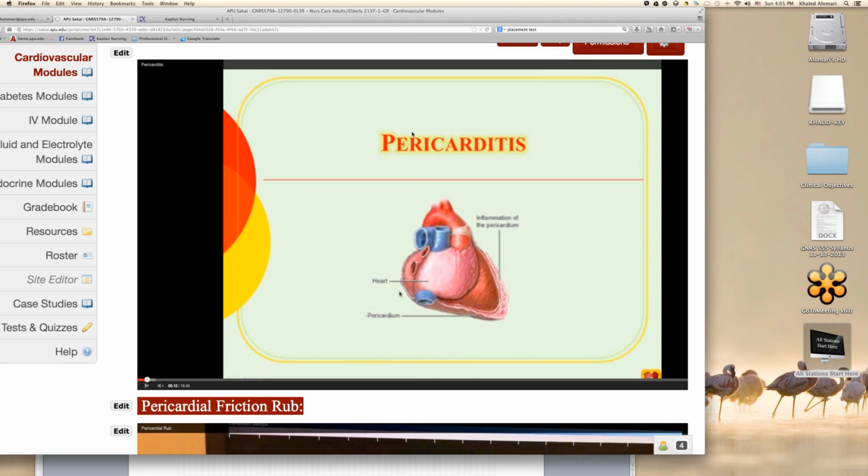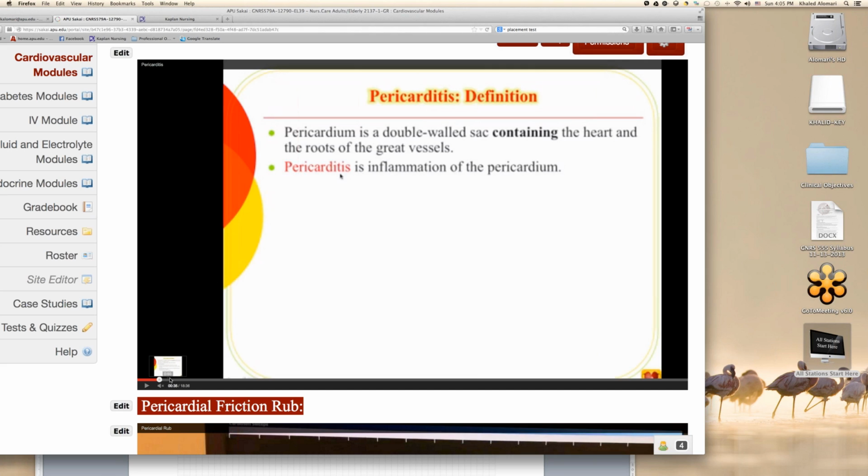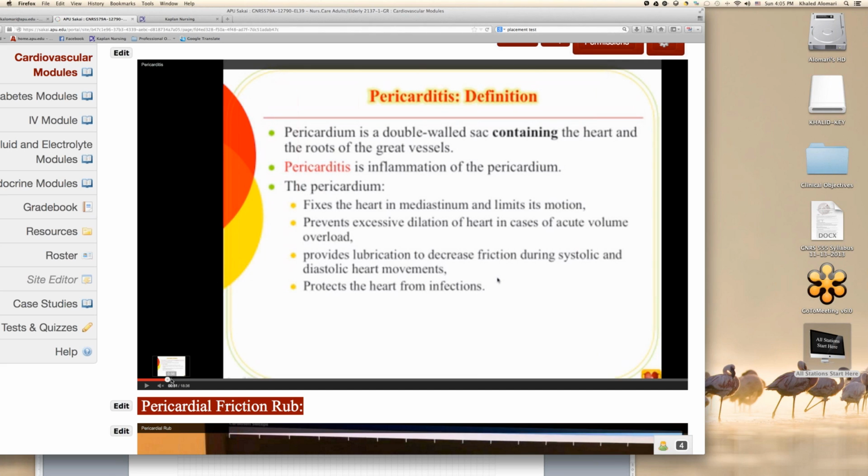As simple as that. In other words, the filling volume of the heart and the ejection volume will not be normal as a result. So that's in general the anatomy, physiology and pathophysiology. So let's see.